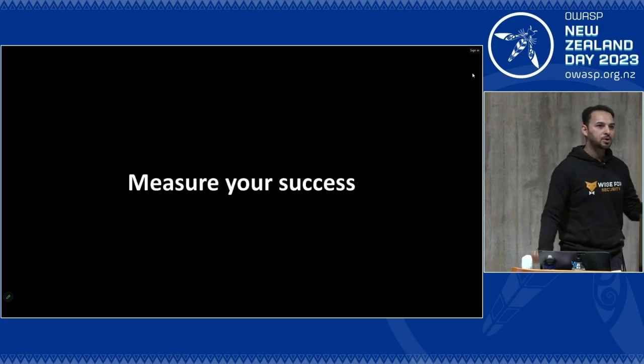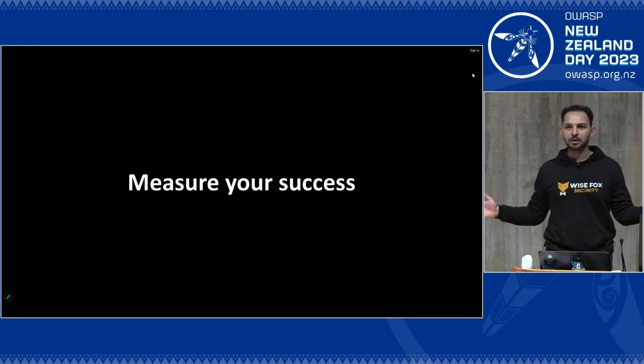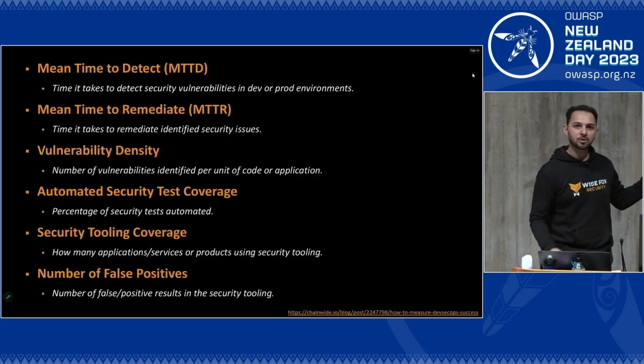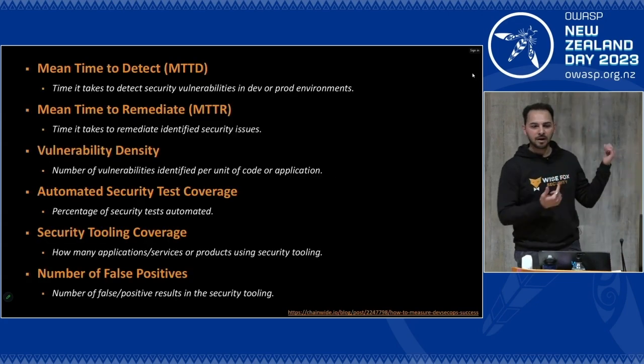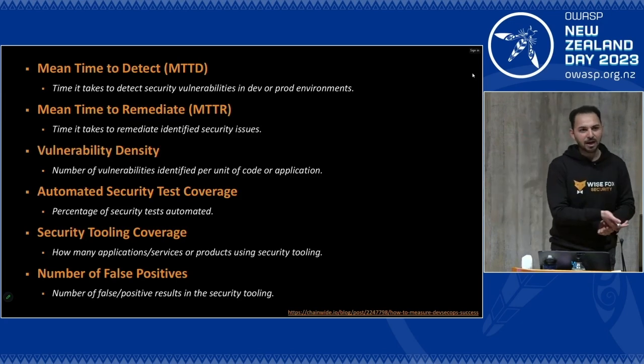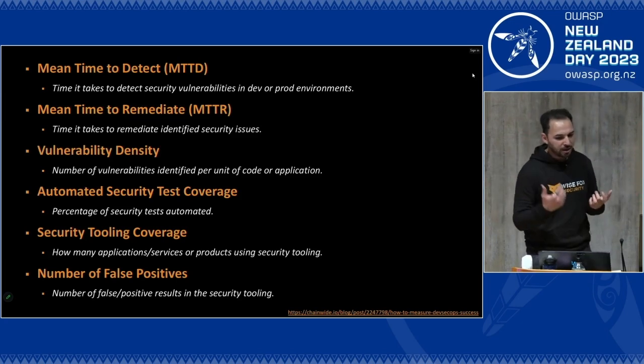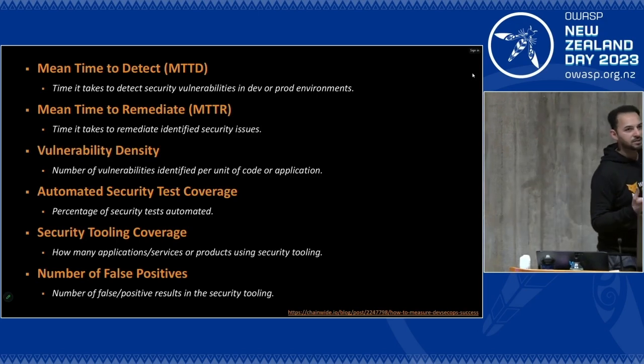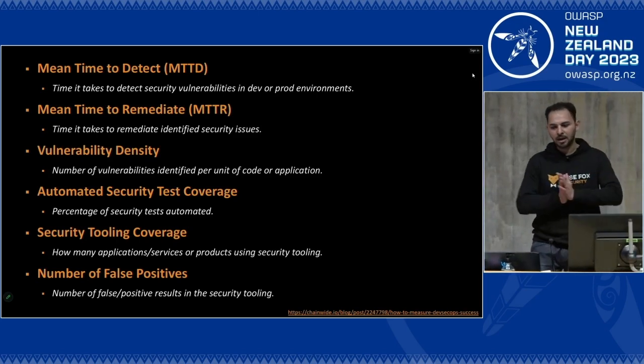Measure your success. So you implement a DevSecOps program, right? How do you measure your success? I came across these metrics. If you're already using DevOps, you can look at your mean time to detect, how quickly you're detecting security issues, how quickly you're remediating, and the vulnerability density, meaning how many vulnerabilities you're seeing in a single application.